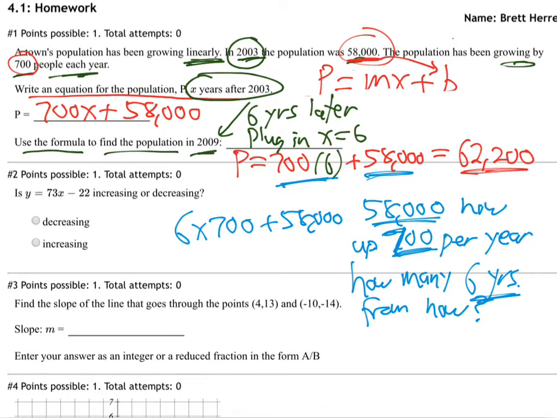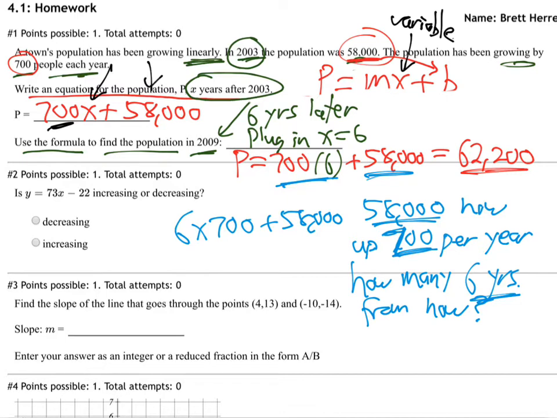That makes sense? So as we move through all these linear formulas on sections 4.1 and 4.2, we'll notice that there's two parts. There's a fixed part and a variable part. This part is the variable. In other words, it's what's changing. That's where the 700 went, right there, because it's changing by 700 per year.